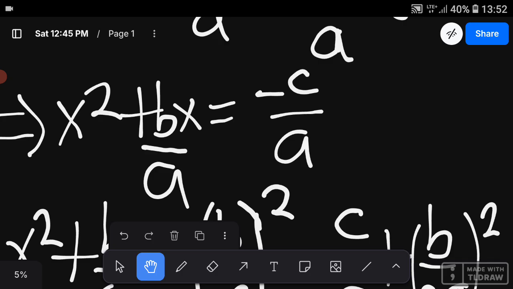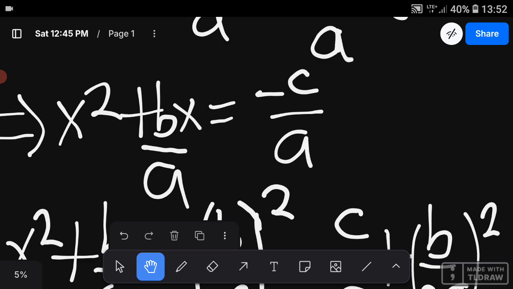Understand the constant c on a is now negative because it has moved over from the left hand side to the right hand side of the equation. In algebra, whenever a term moves over the equality sign, its sign changes to the opposite. Okay, so now what's next?